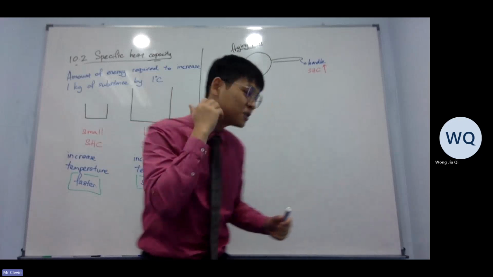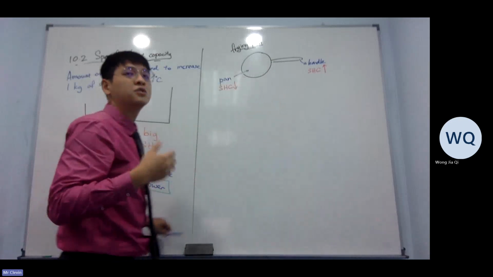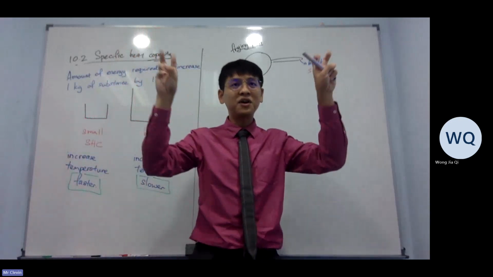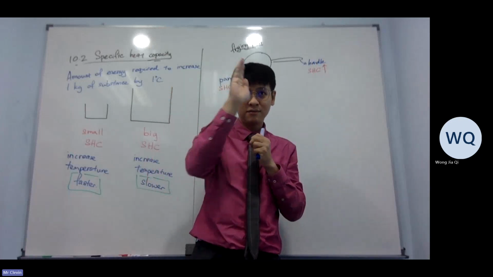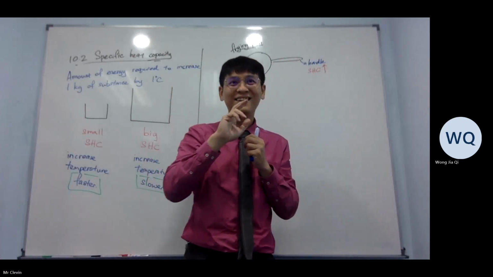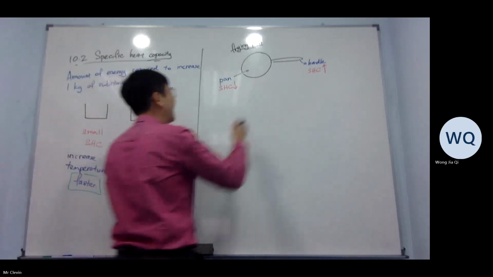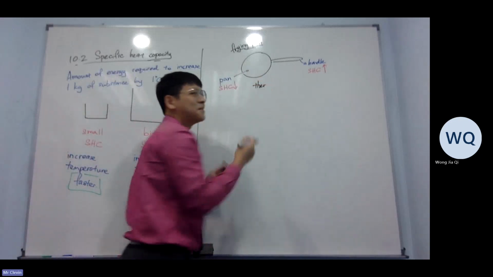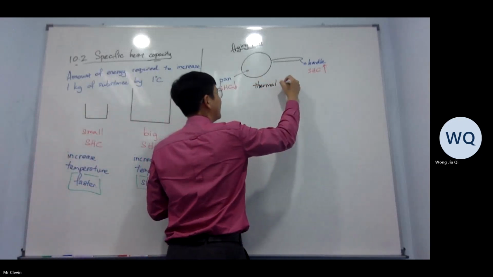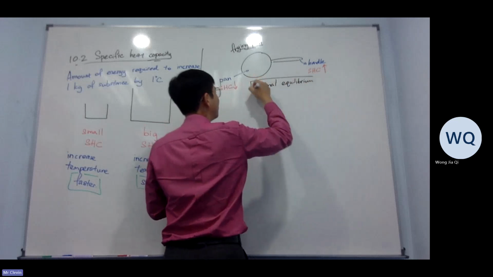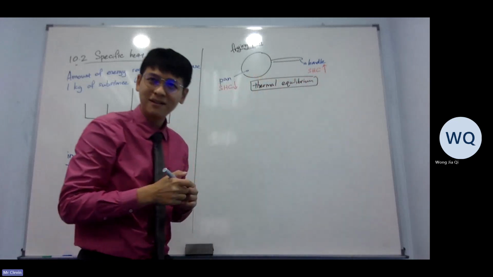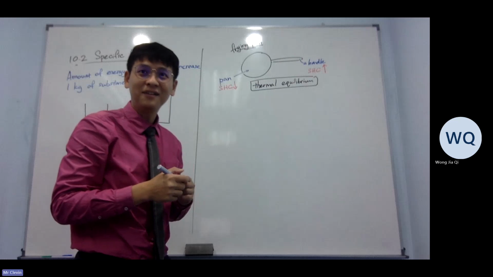If you still remember, in order for us to cook the food, what is the term we use? We call it thermal equilibrium. How do we steam the fish? It's always under thermal equilibrium. Don't remember?